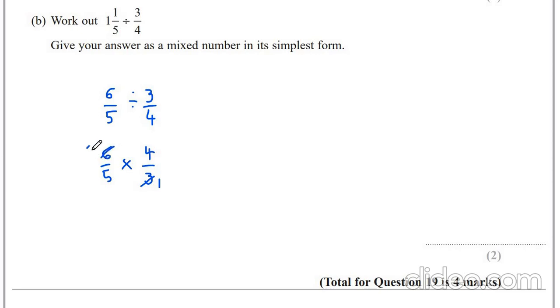Divide 6 by 3 to get 2. And now 2 times 4 is 8, divided by 5 times 1, 5. And we need to give our answer as a mixed number. And that is 1 3/5.